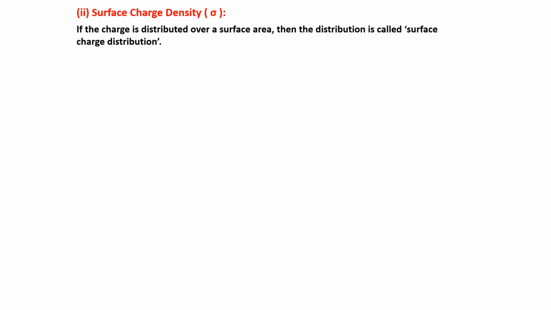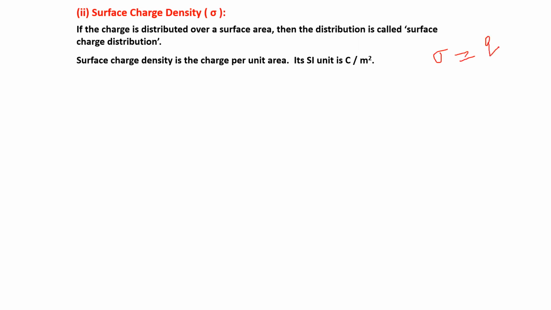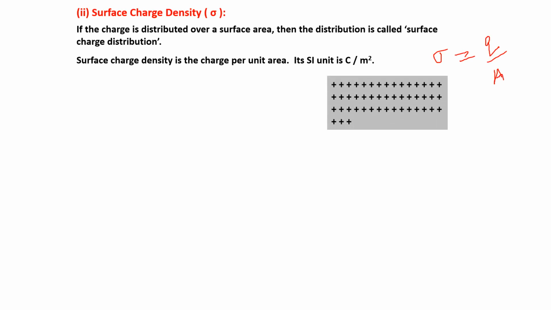Let this be the surface; we consider a small surface area of area ds, and the charge over it is dq. Then surface charge density is equal to charge upon area, or we can write it as dq by ds. So the total charge on the surface will be, when you cross multiply and integrate both sides over the whole surface, q equal to integration over the whole surface of sigma ds. This is the total charge.